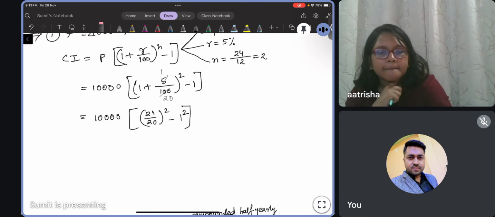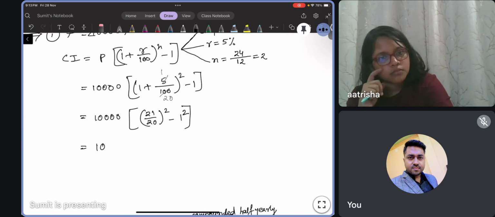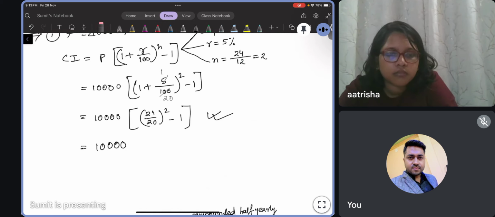See the calculation, then normally we calculate without doing any other trick, without applying any formula. 10,000 into 21 by 20 whole square minus 1, we are getting, right? Like that. After this, what will you do? You will find the square, right? 21 by 20 whole square means how much? 21 square upon 20 square. 21 square how much? 441 by 400 minus 1.